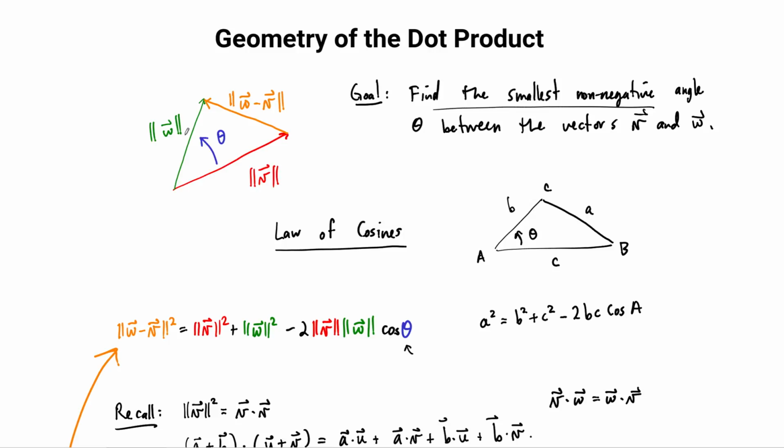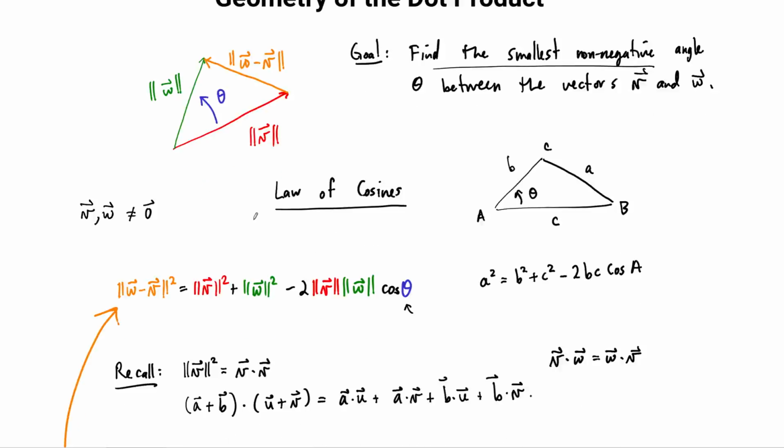I should have said at some point that neither of these is the zero vector. So V and W are not the zero vector. The zero vector, remember, does not form an arrow. The zero vector is just a point. It doesn't have a direction. So it would be impossible to think about the angle that's made between a zero vector and some other vector.